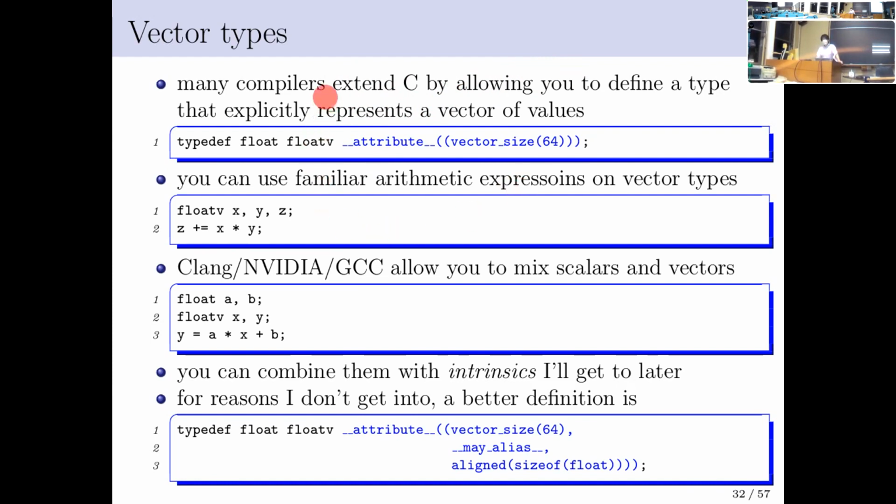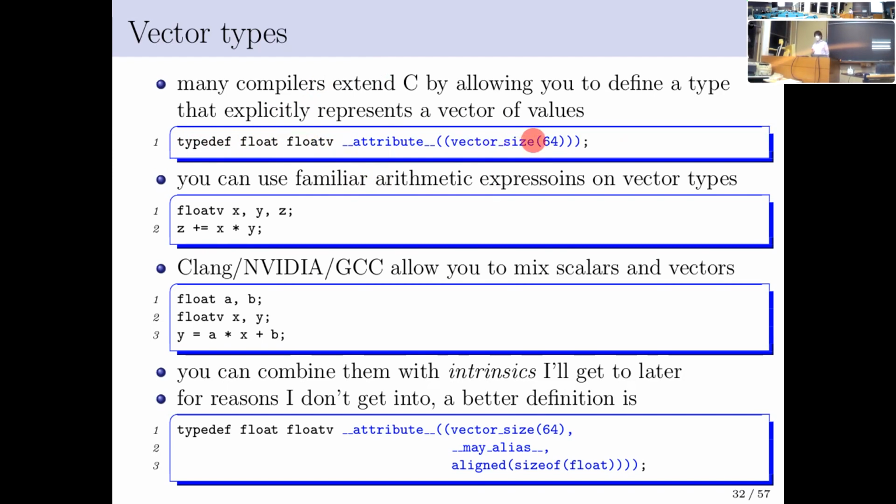The first thing you need to do is to define a data type that represents a vector of values. This can be done in this way. You may not be very familiar with this strange syntax, and it may be your first time being exposed to it. This defines a new type called float vector. It is basically float, single precision floating point numbers, except that it is a vector of floats, and the size is 64 bytes.